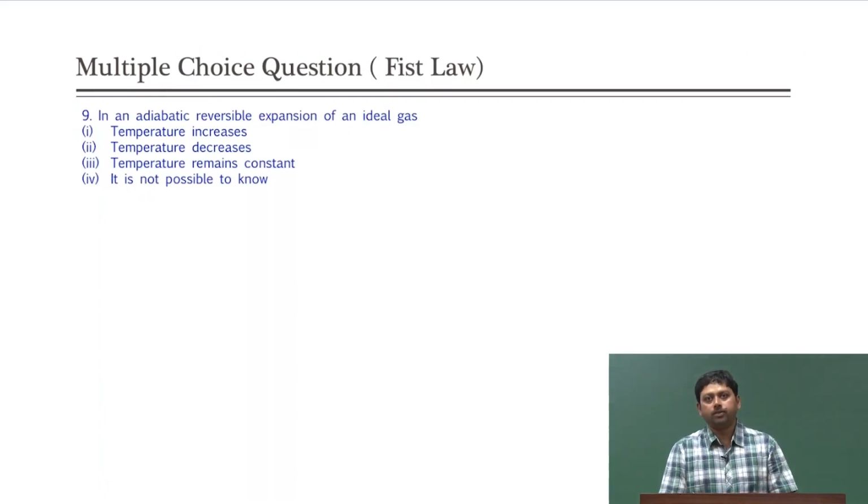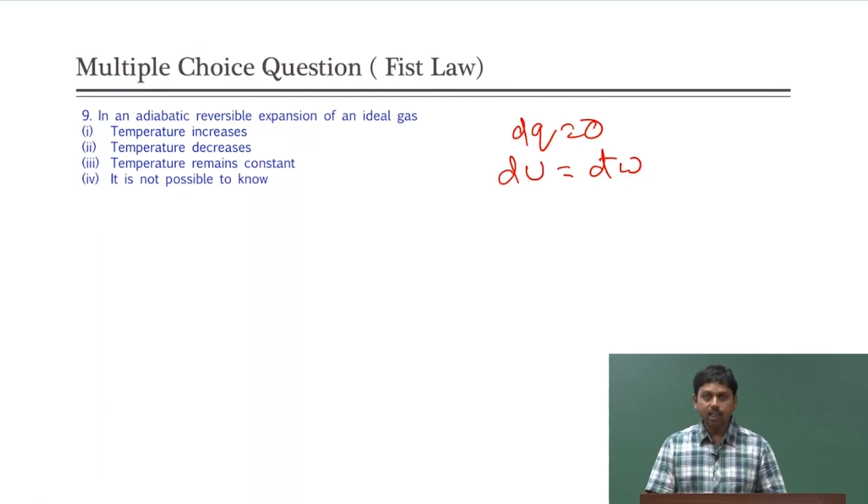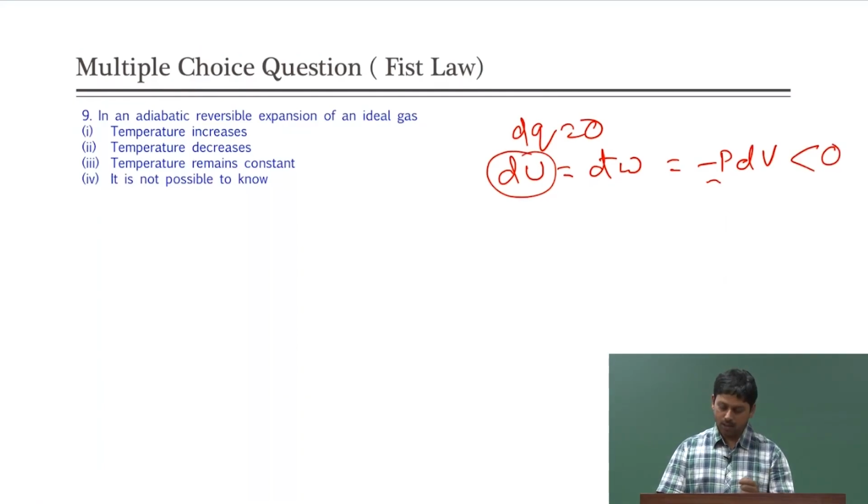So, we know all different types of calculations of an ideal gas, and it is an adiabatic process, and we know that in adiabatic process dq equal to 0. So, therefore, from first law of thermodynamics we know dU equal to dW, that means change in the internal energy is equal to work done. It is an expansion process, and we know that in expansion process dW is minus p dV. Expansion process means dV, the volume, increases, therefore, dW is a negative quantity, and if dW is negative, dU is a negative quantity.